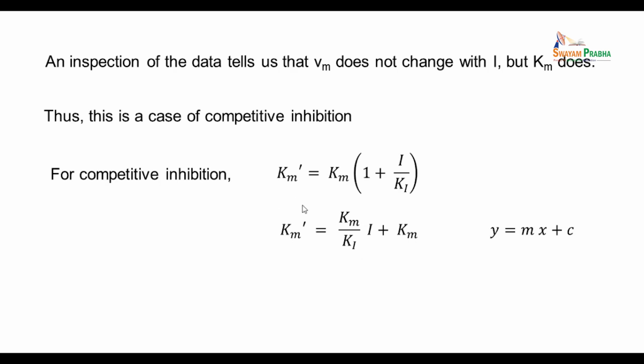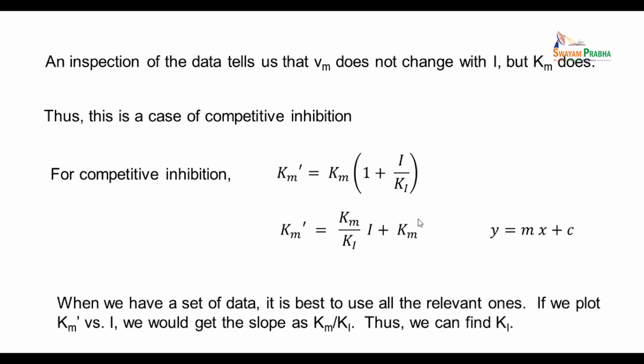If we plot it that way, then we could get Ki from the slope and Km from the intercept. This is what we just mentioned. It's good to repeat this. When we have a set of data, it's best to use all the relevant ones. If we plot Km dash versus I, we would get the slope as Km by Ki, and thus we could find Ki.